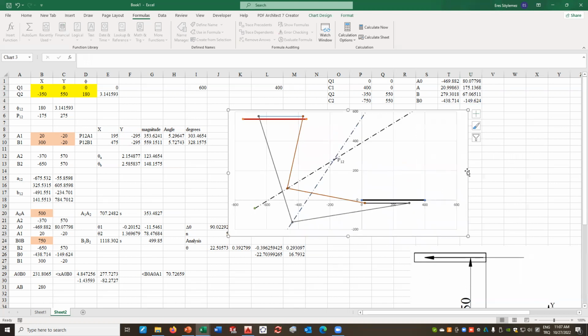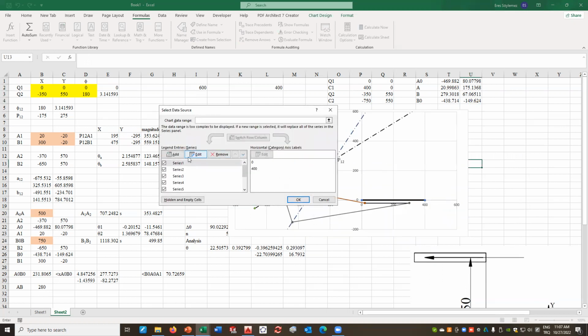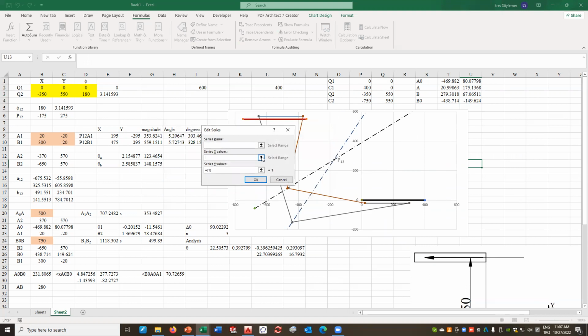I think I have to make it more square again. I'll make it one piece.